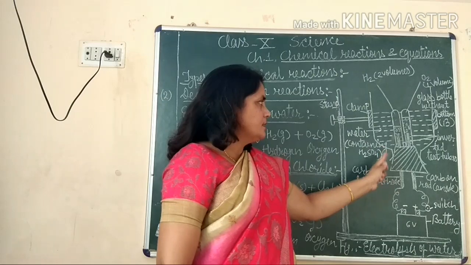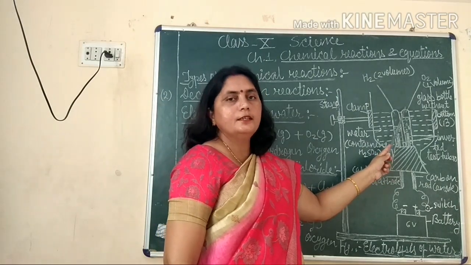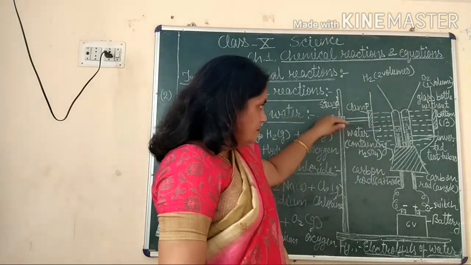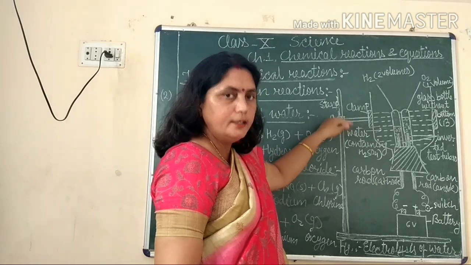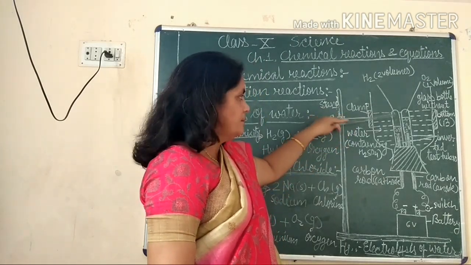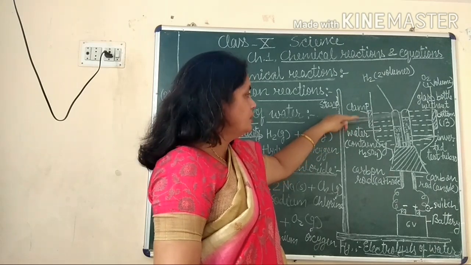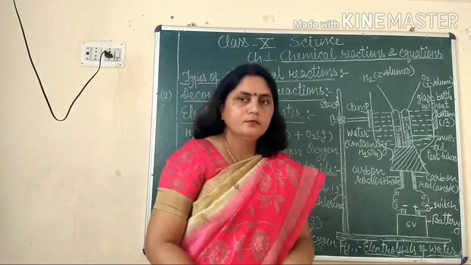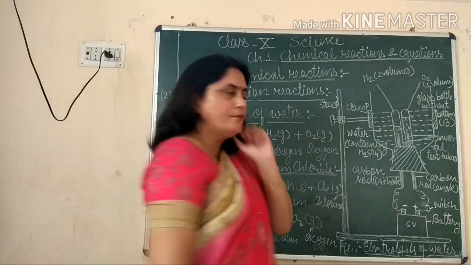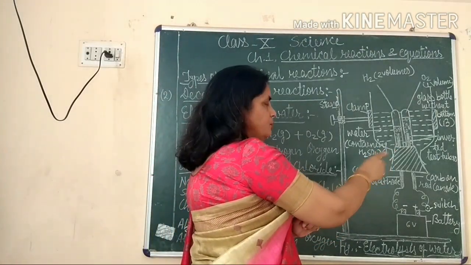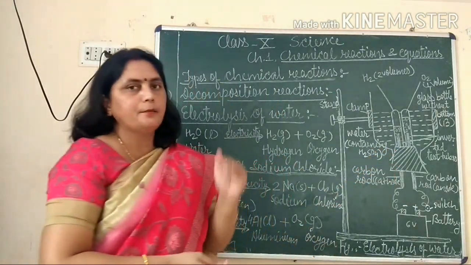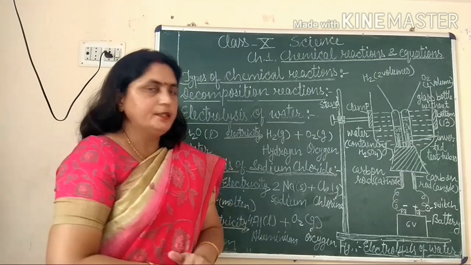So as the gas is collected at the top of these inverted test tubes, it displaces the water. That means because of the presence of these gases, the water starts to move down. Now we wait until the water in both the test tubes is completely empty.